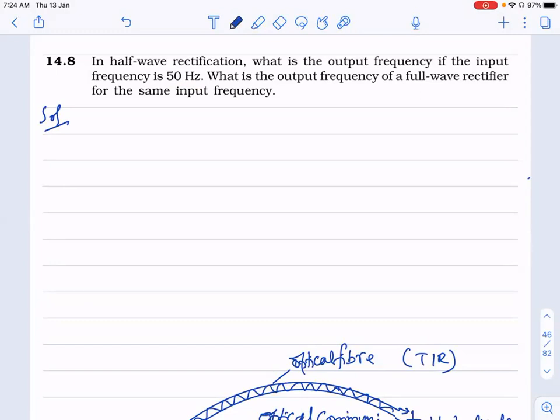So same here. हाफ वेव में सेम। और what is the output frequency of full wave rectifier for the same input frequency? Twice of it.